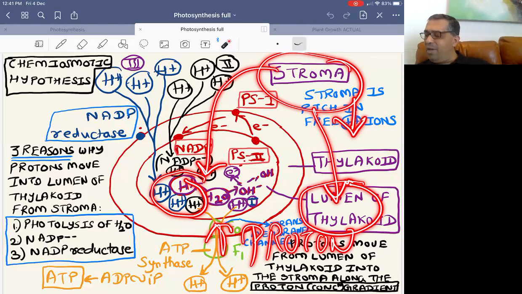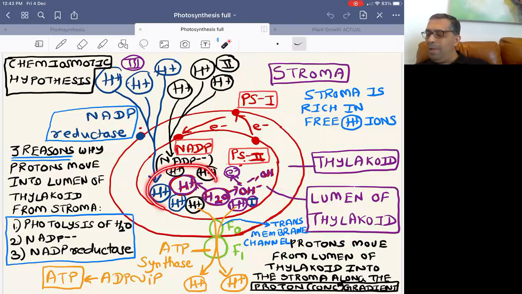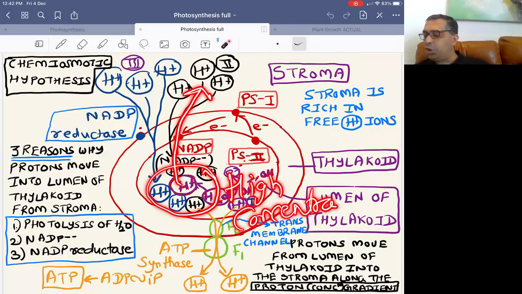So where will protons go? Back from the lumen into the stroma. Protons move from high concentration back into low concentration.